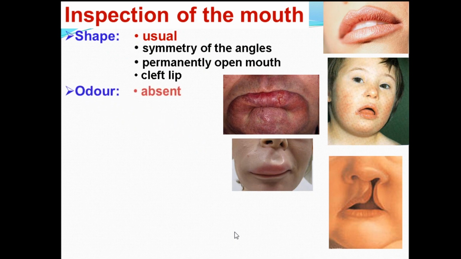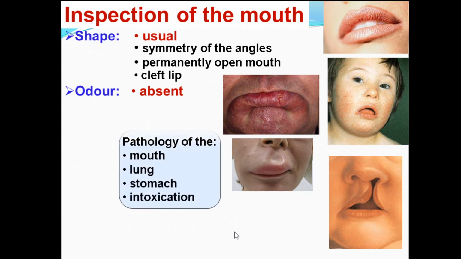Then we'll pay attention to odor, usually no odor from the patient. If we feel any specific odor, first of all, we pay attention to the oral cavity, because it may be connected with some visible affection or inflammation of the mouth structure.